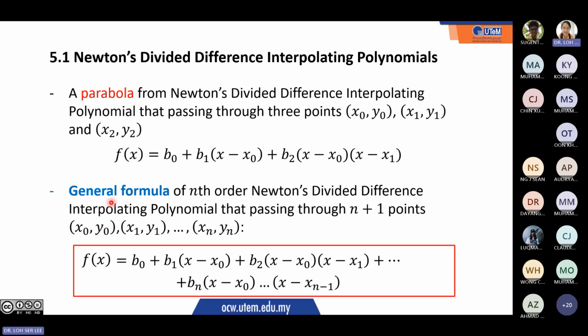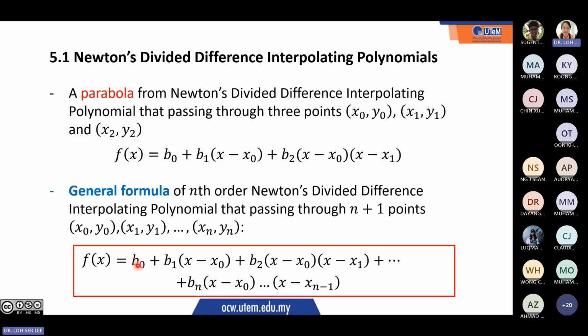Now we look at a general formula. The general formula of nth order Newton's interpolation passing through n plus 1 points is given by this. Normally the formula is not given in any of the assessments. You have to know how to form this. So it has the b, and you have to find the b values.